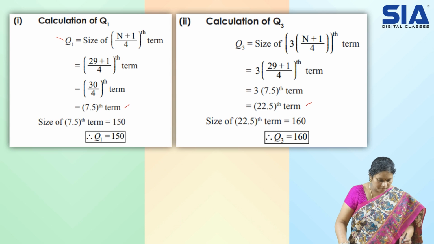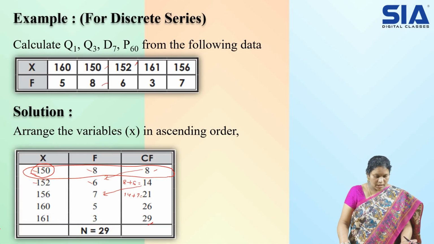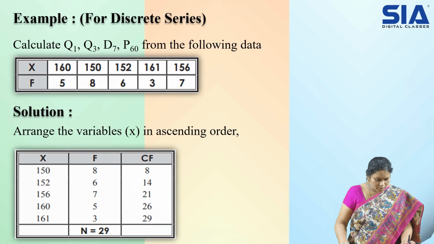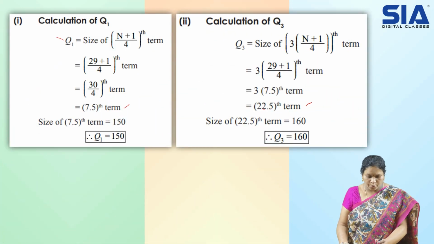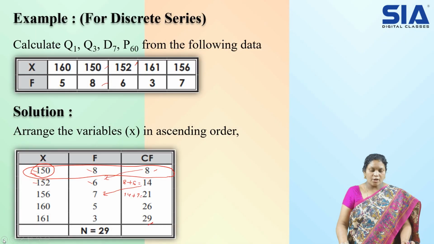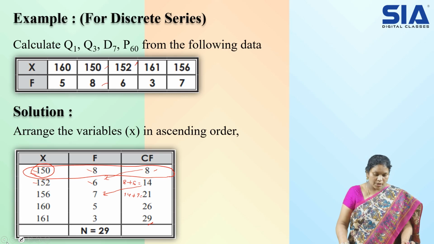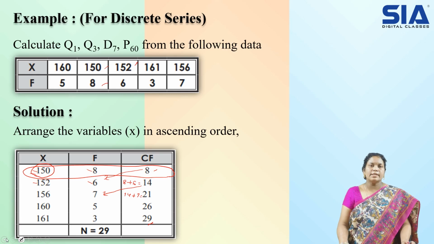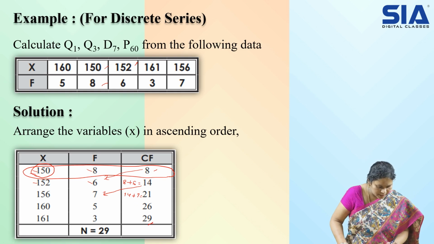Now check whether you have the same value in our cumulative frequencies or not. The 22.5th value, right? Decimals we don't have here, so even if you consider 22 or maybe 23, still we don't have it. So the next highest to 22.5 in this table is 26.